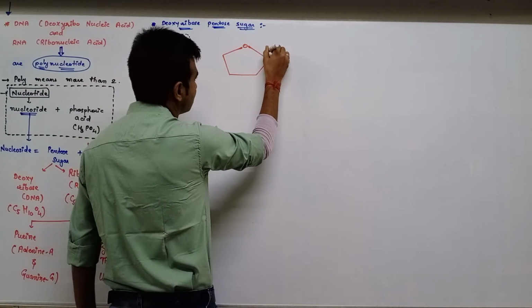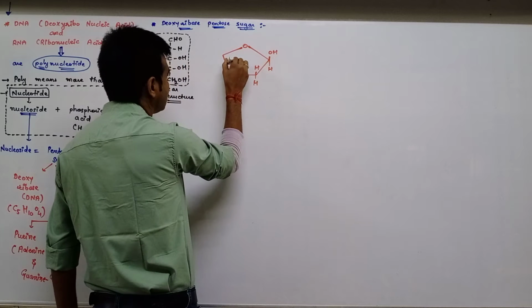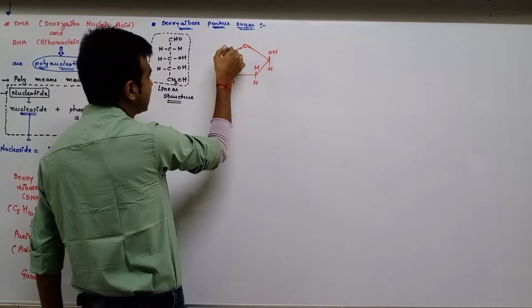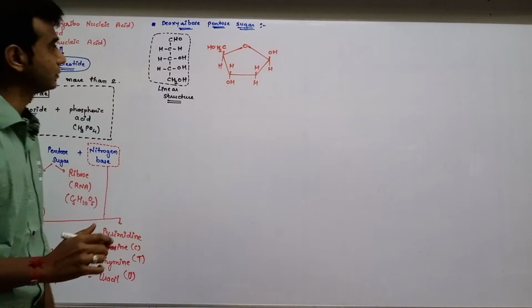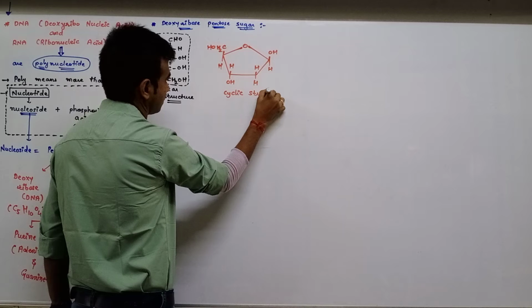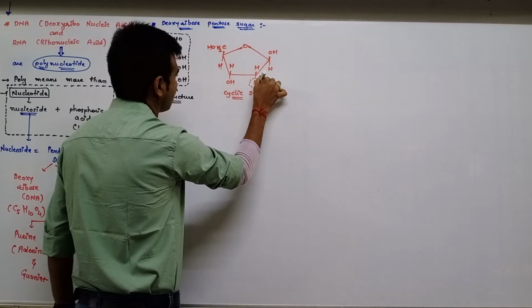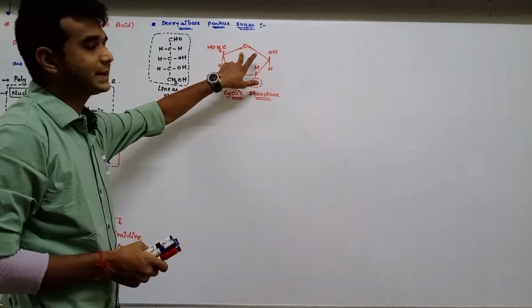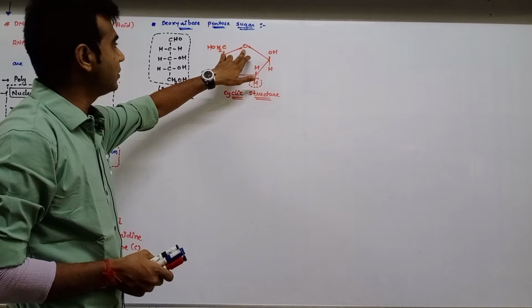Here, first carbon OH, second carbon HH, third carbon HOH, and the fifth carbon is CH2OH and H. Again in the cyclic structure, draw the pentagon with oxygen at the top.